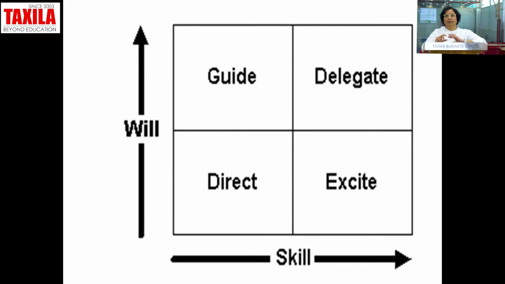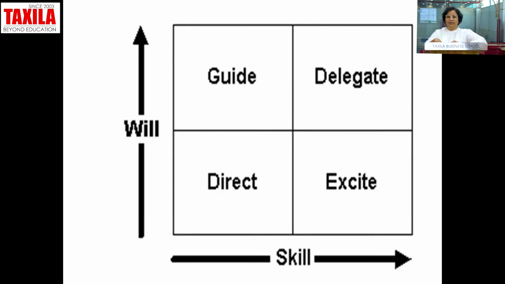Right? And when the will is high, I want to work, but I don't know how to do it, then you need to guide him, you need to coach him. And when the will is very high and the skill is also very high, I know it and I want to do it, then you need to assign the duties to that person, delegate the job to him. Right? And this is the dangerous one.